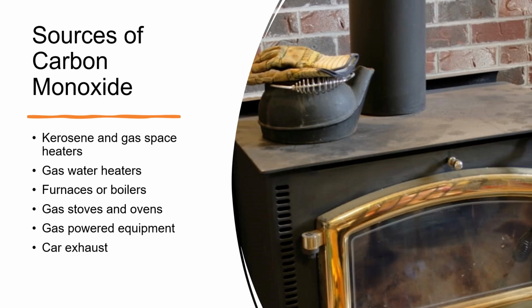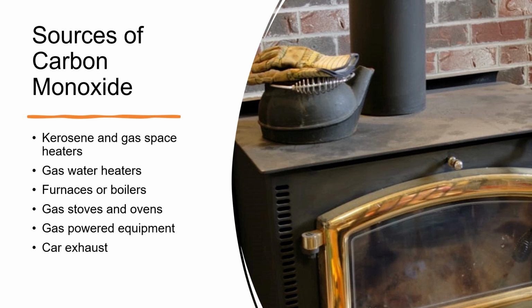Carbon monoxide is the result of incomplete combustion of carbon fuels, and it can be produced from both man-made and natural sources. The most common sources of carbon monoxide in the home are those that utilize carbon fuels, such as unvented kerosene and gas space heaters, gas water heaters, furnaces or boilers, gas stoves and ovens, gas-powered equipment, and car exhaust.